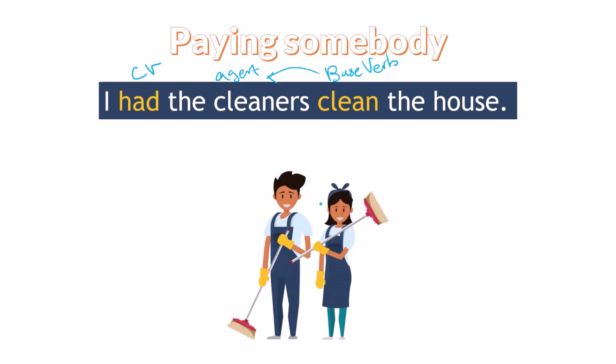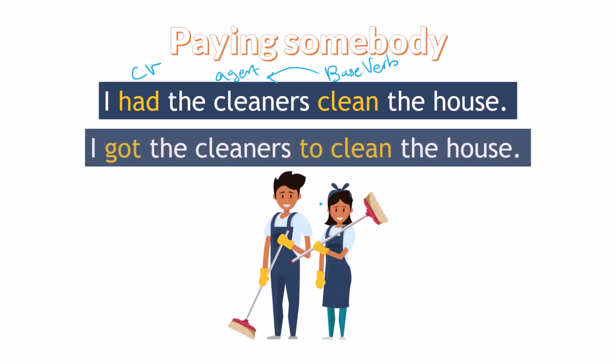You can say this sentence also by using get. I got the cleaners to clean the house. The meanings are the same, and they both mean paying them money to do something. I got the cleaners to, infinitive, to clean the house.